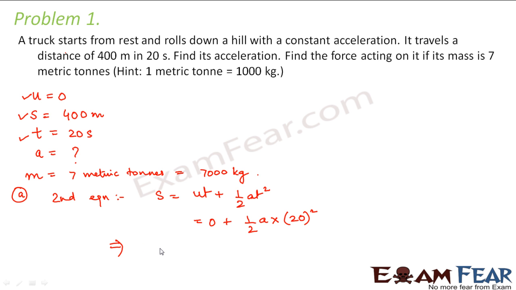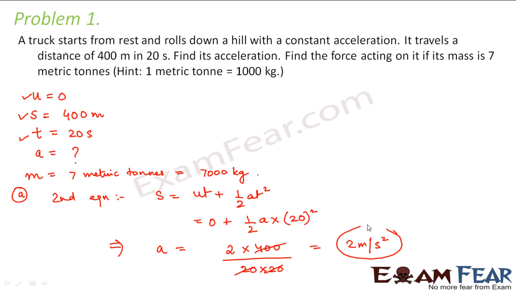So this implies acceleration is equal to 2 into s, that is 400, divided by 20 into 20. So this will get cancelled, so it will be 2 meter per second square. So this would be the acceleration.